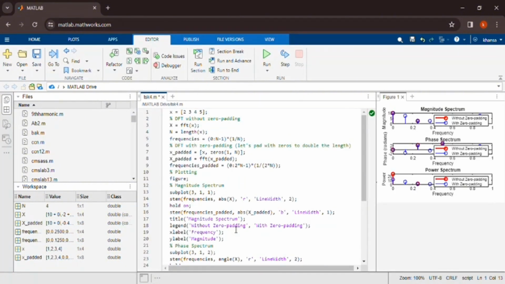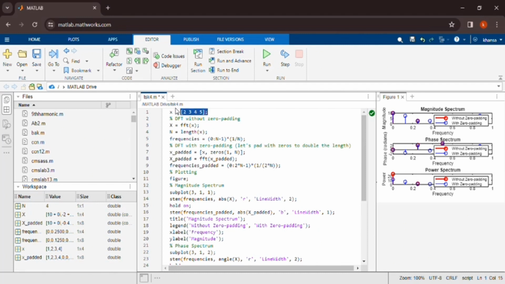In the last lab task, we have to take a signal from our task number 2, and perform the discrete Fourier transform. We have to find the magnitude spectrum, phase spectrum, and the power spectrum of that signal. So here I have just taken a simple signal from my task number 2.